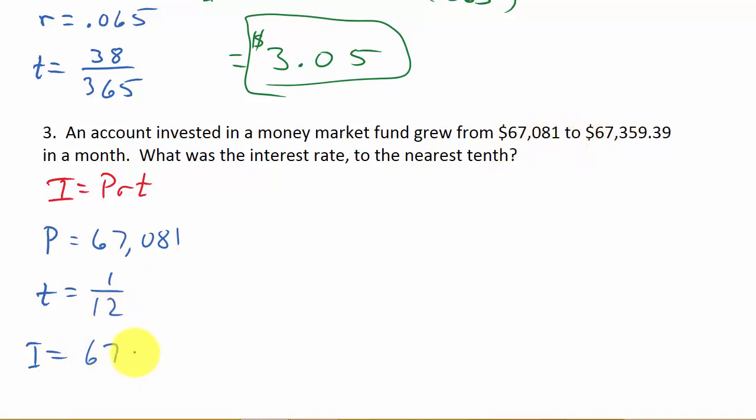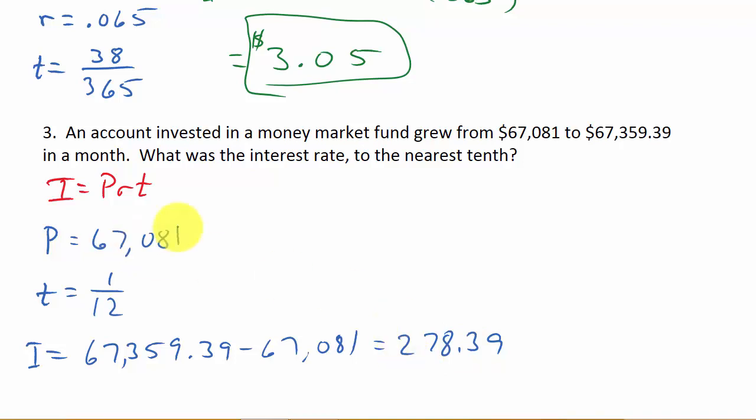So that's 67,359.39 minus 67,081, and that is going to give us $278.39. So there's the interest I.